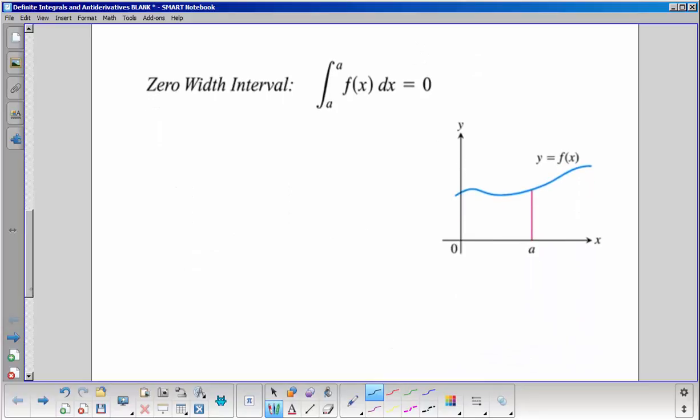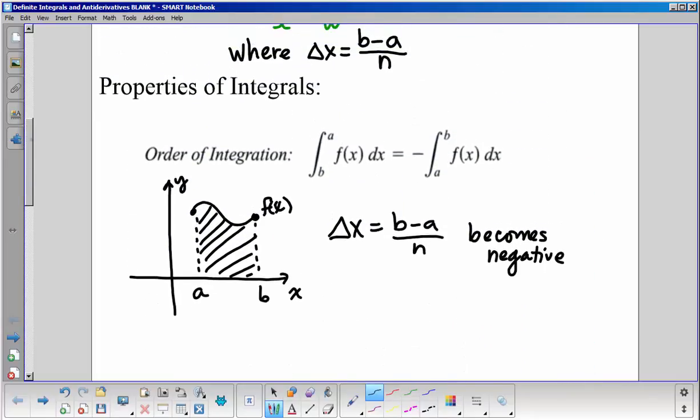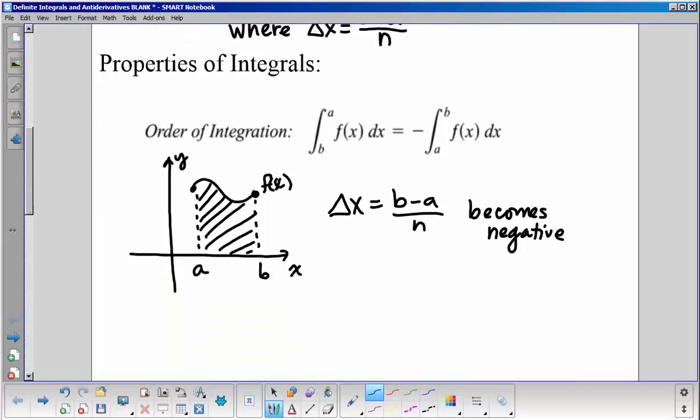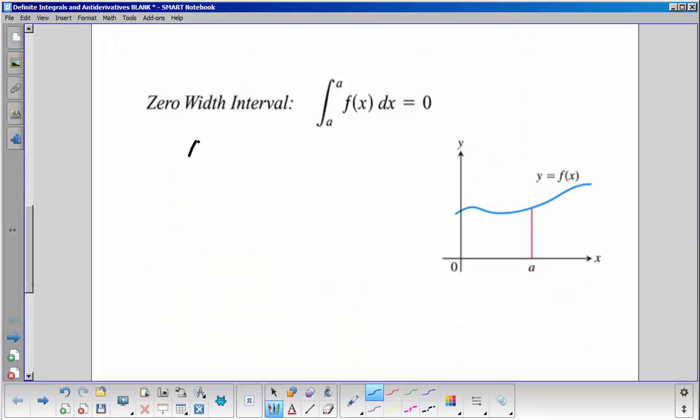What about this case? There is no area, right? Because have you even gone anywhere? But what in that limit goes to 0? Delta x again, right? Because in this case, delta x equals b minus a over n, but b is equal to a.